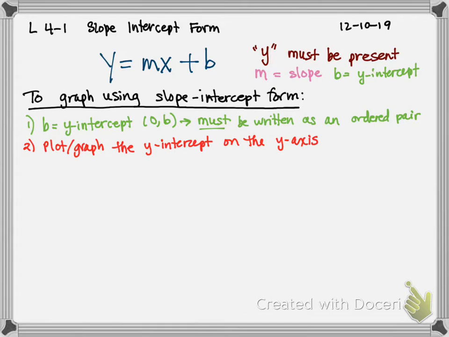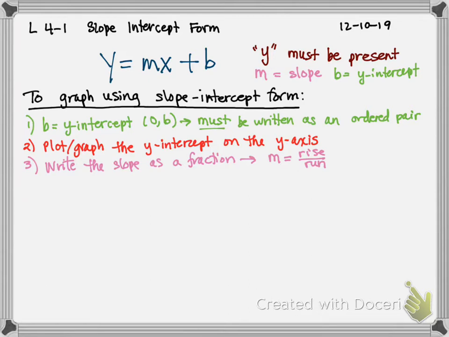Now we're going to talk about slope. So we're going to write the slope as a fraction, because we want to use this idea that slope is the same as rise over run. And basically, the rise and run are going to lead us to another point that's going to be on our line.